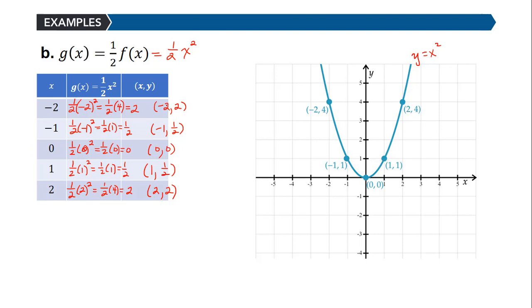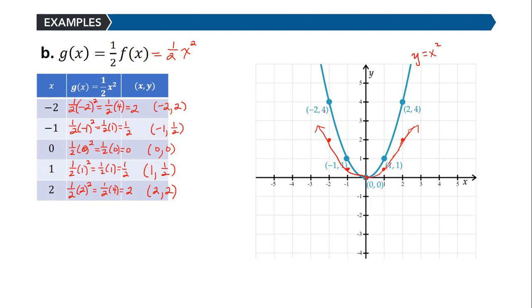When I plot the transformed points, I have -2, 2, -1, 1/2, 0, 0, 1, 1/2, and 2, 2. So here again, we have a parabola, but notice that the parabola now is kind of on the outside of that original graph, right?